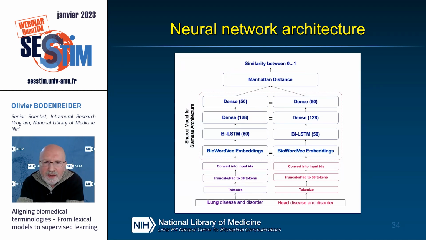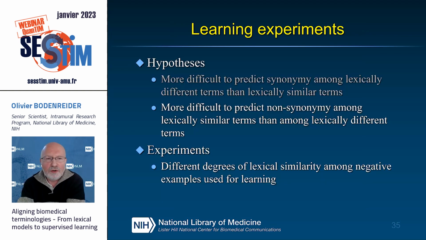And at the end of the day, the last layer of vectors get compared using the Manhattan distance, and you get a similarity between 0 and 1. We take a threshold, and if it's lower than the threshold, we say that it's not synonymous. If it's above the threshold, we say it's synonymous. So that's essentially how it works.